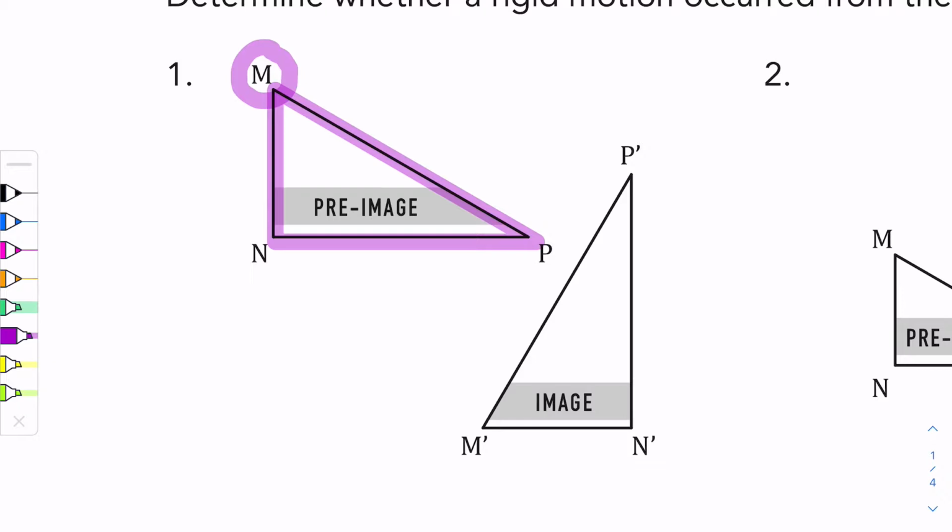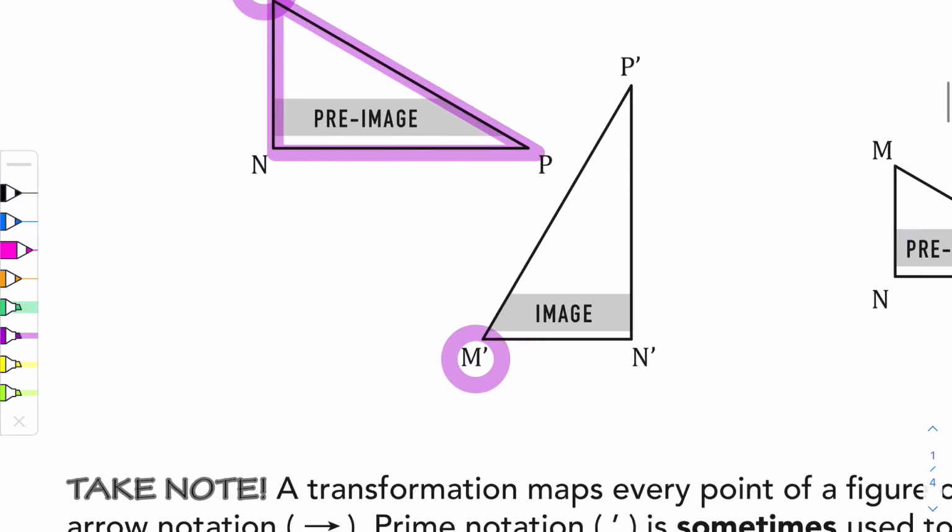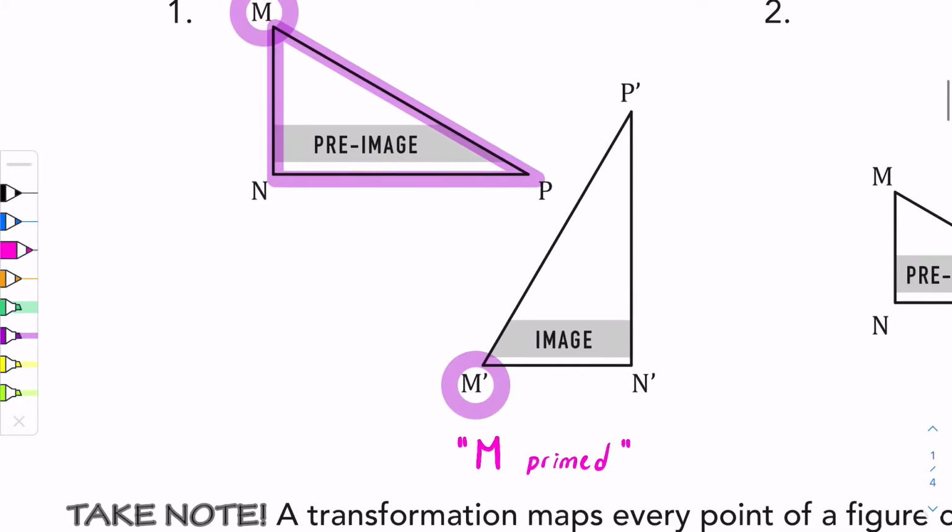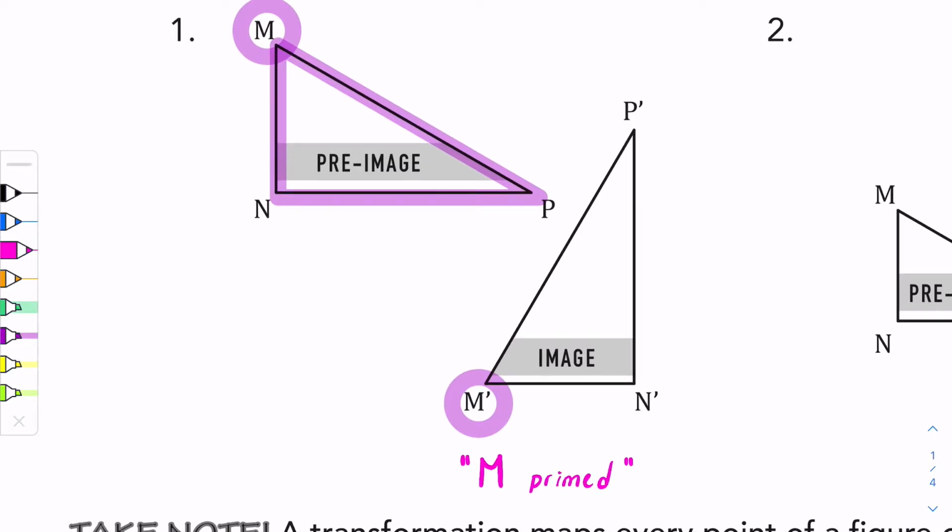So here you just see a letter M. Here you see a letter M with an apostrophe. We call this M primed.